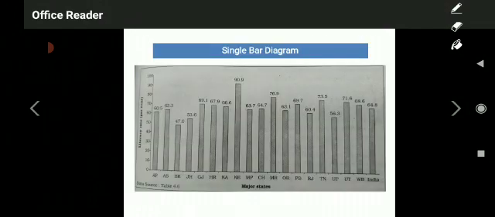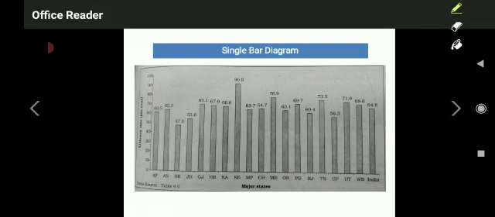Okay, so in diagrammatical form, in a single bar diagram, on the vertical axis we have to mention the percentage of literacy rate in 2001, and on the horizontal OX axis we mention the names of different states.